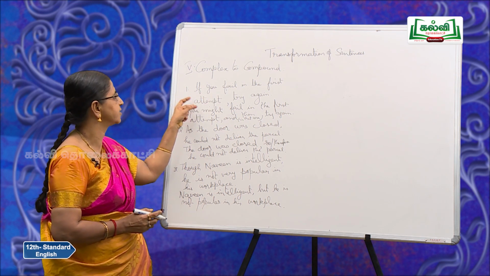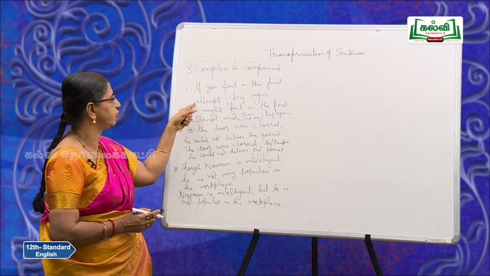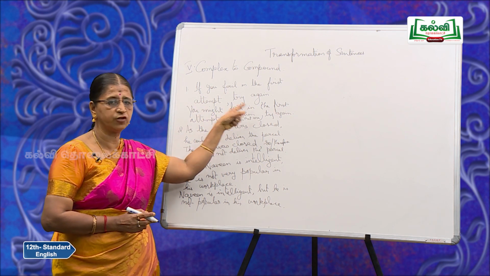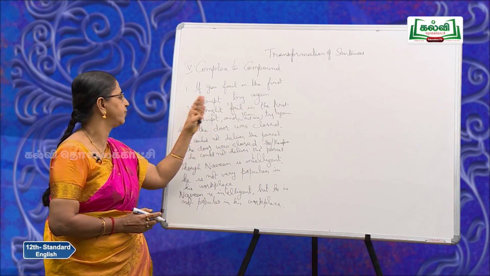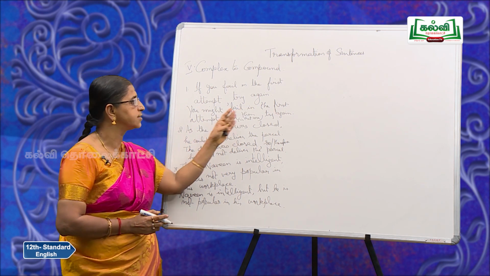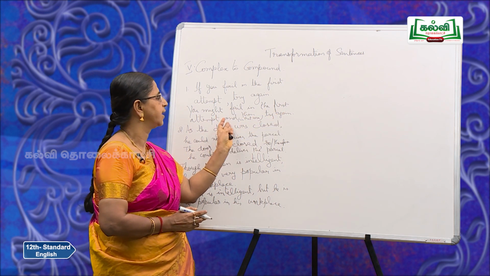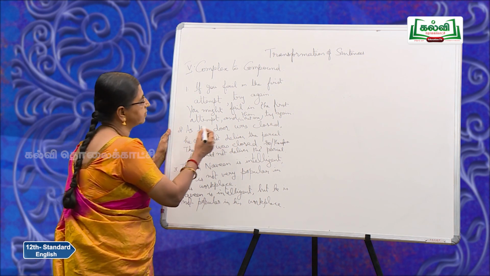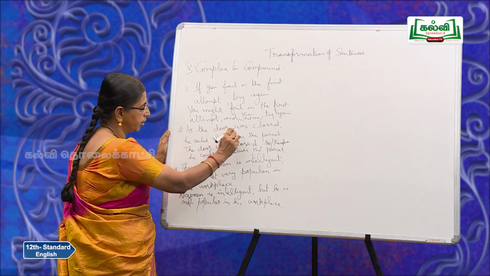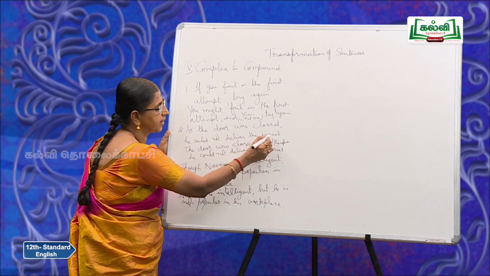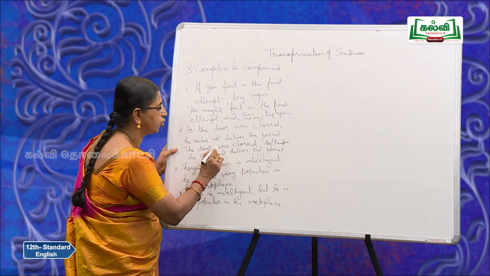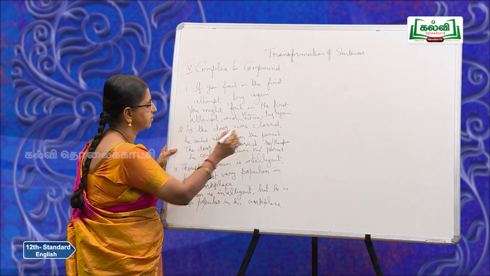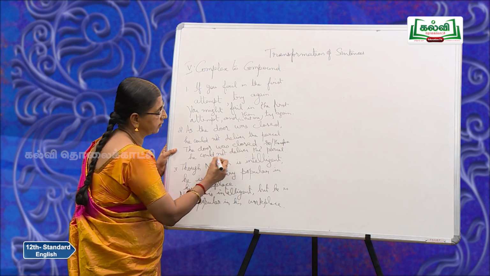If you fail in the first attempt, clause marker if, this is your subordinate clause, try again is your main clause. Here you might fail in the first attempt, one main clause, try again, another main clause, and then, or in that case, your conjunction. As the door was closed, subordinate clause, he could not deliver the parcel, main clause. The door was closed, main clause 1, so or therefore he could not deliver the parcel.